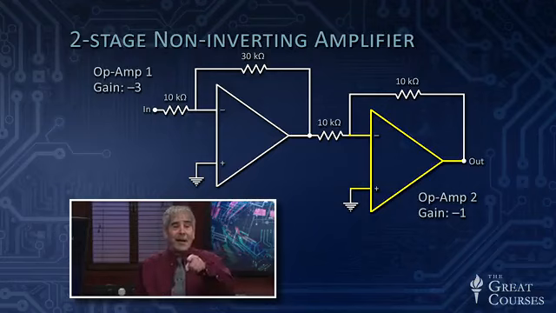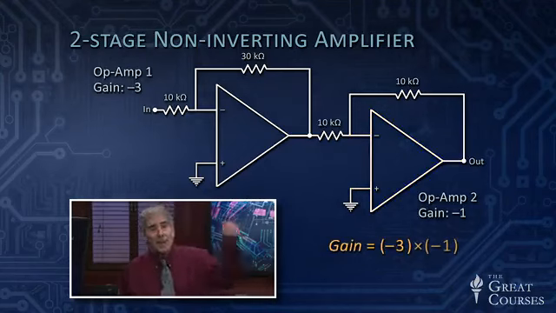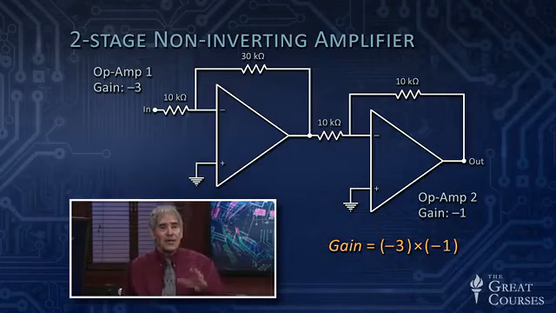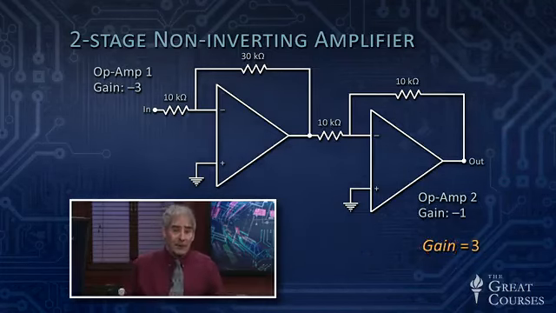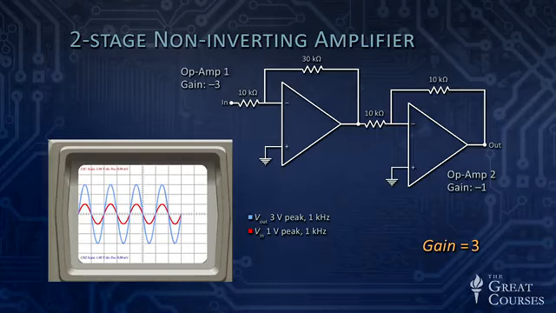And so that second amplifier simply inverts the output of the first amplifier. We had -3 for the gain of the first amplifier, -1 for the gain of the second amplifier. And so this whole 2-stage non-inverting amplifier that I've constructed here has a gain of +3. And there is the output from the DoCircuits oscilloscope, which you can put a simulated oscilloscope on, connect it to your circuit, and there it is.